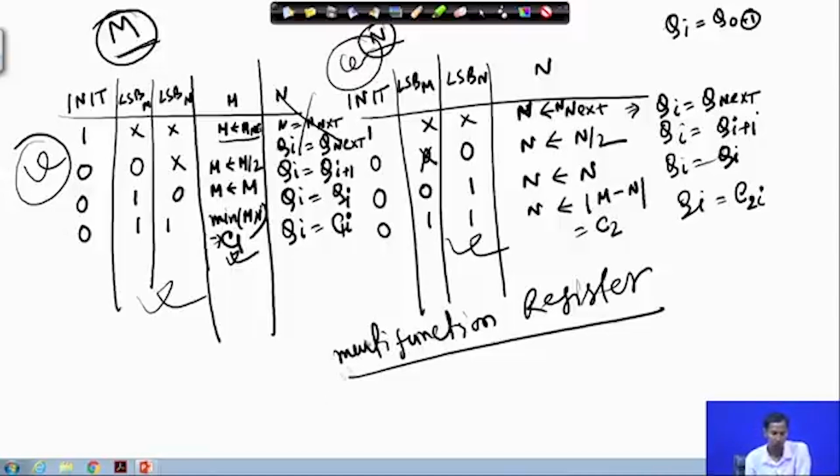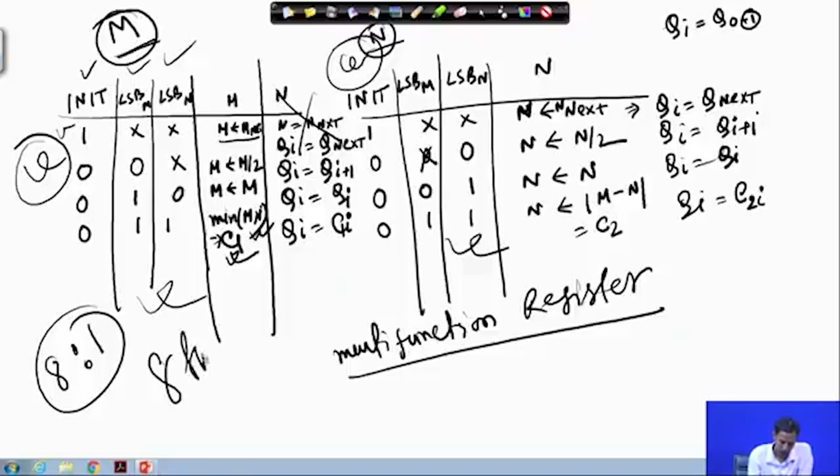You see there are 3 control signals. Here I am having only 4 operations, but if I consider 3 bits as the control signal, then up to 8 functions I can implement.